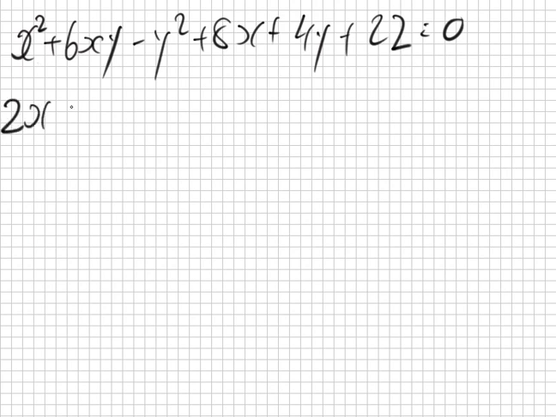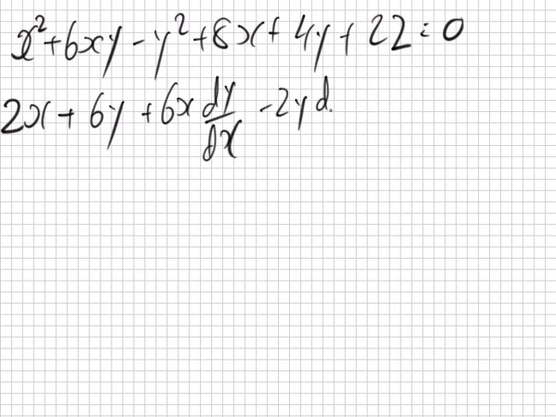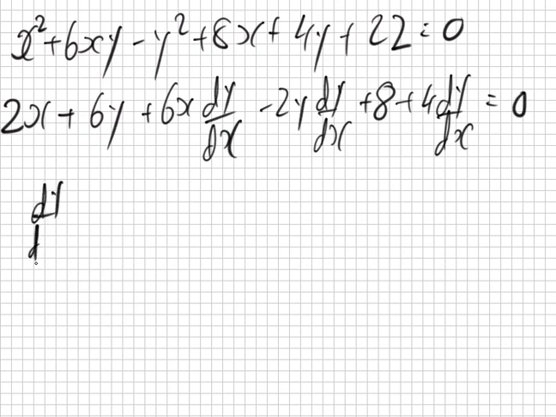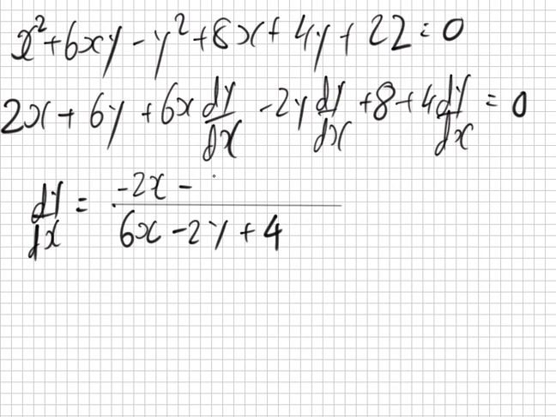So 2x plus 6y plus 6x dy dx minus 2y dy dx plus 8 plus 4 dy dx equals 0. So dy dx equals minus 2x minus 6y minus 8 in the numerator, over 6x minus 2y plus 4 in the denominator.